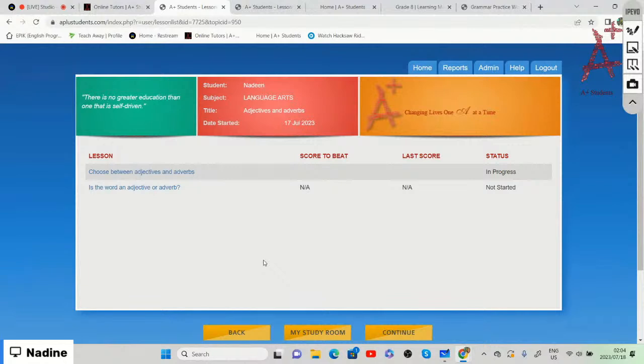And then also, is the word an adjective or an adverb? And we will only be able to know that once we know what an adjective is as well as what an adverb is. All right, so we're going to the first one. Choose between adjectives and adverbs.